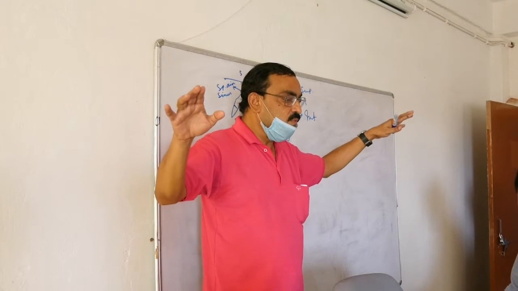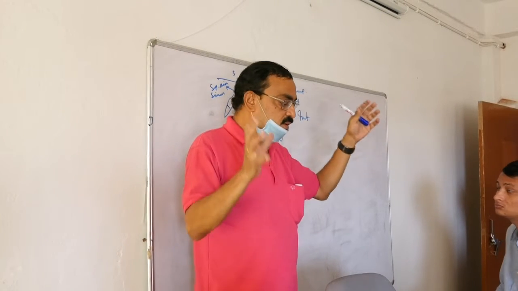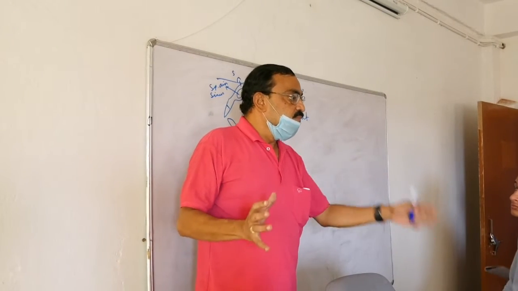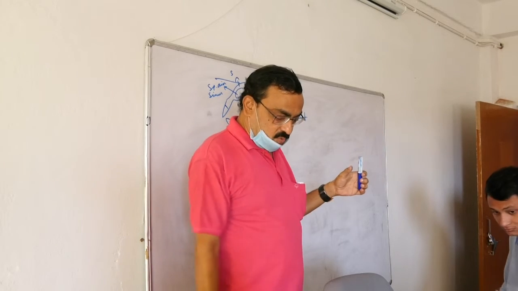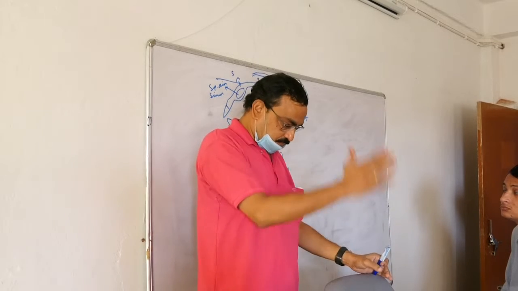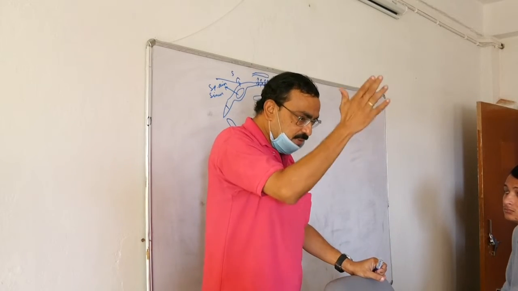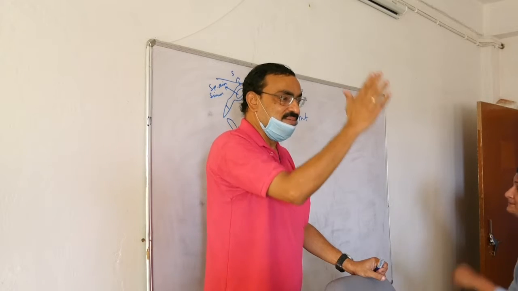Actually, the ethmoid bone, you can imagine, is a double drawer table. You can imagine there are two sets of drawers on either side of a table, and in the middle there is a perpendicular plate.